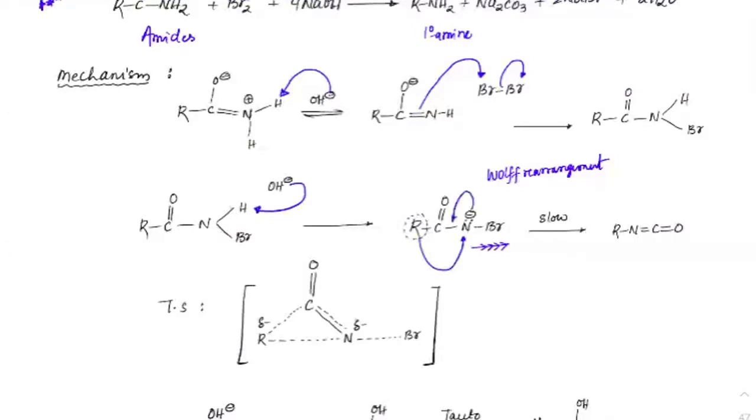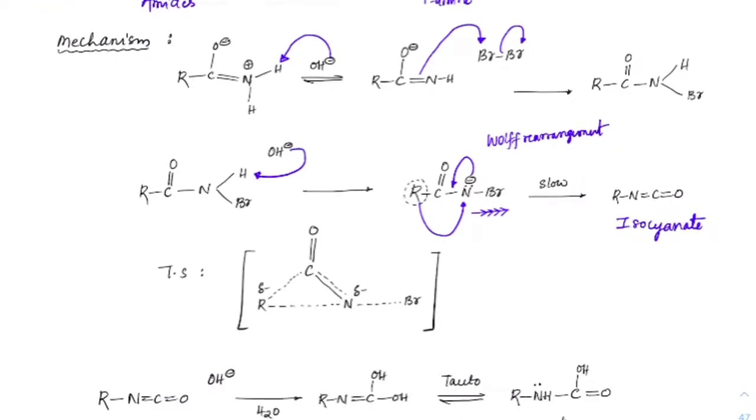This lone pair will become a double bond. In all the mechanisms, Wolff rearrangement is always going to be the slow step, whether it is Curtius, Lossen, Schmidt, or Hofmann bromamide degradation. As this happens, we get isocyanate formation.